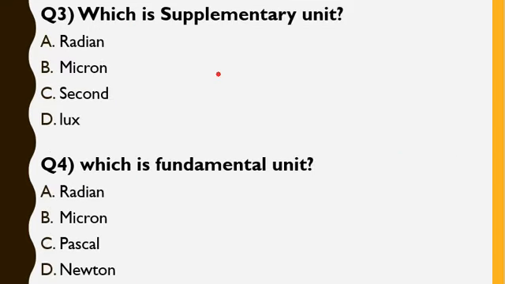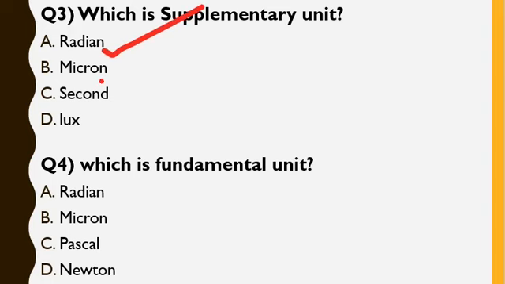Which is a supplementary unit? The theoretical concept of these units is already discussed in the first part of our lecture, where I discussed the supplementary unit, derived unit, fundamental unit, and other measurement concepts, and you can see it there. We know that radian is a supplementary unit.